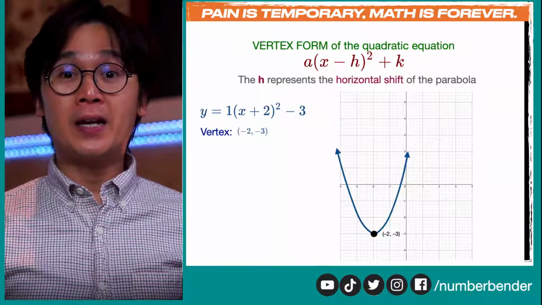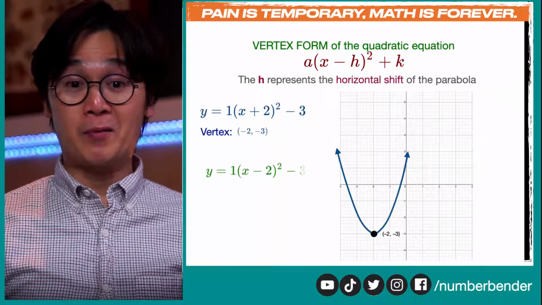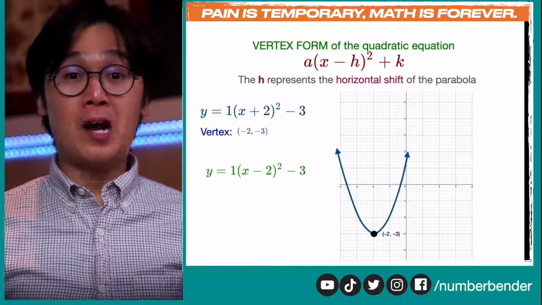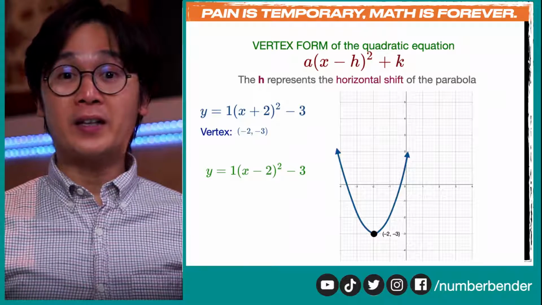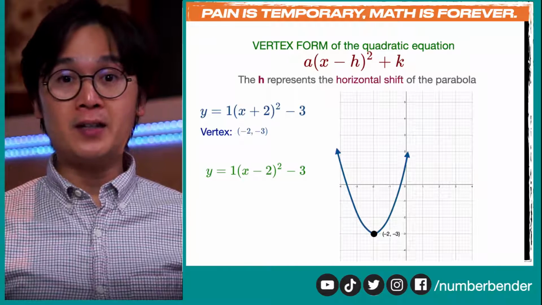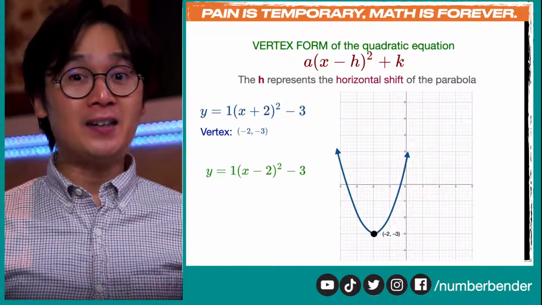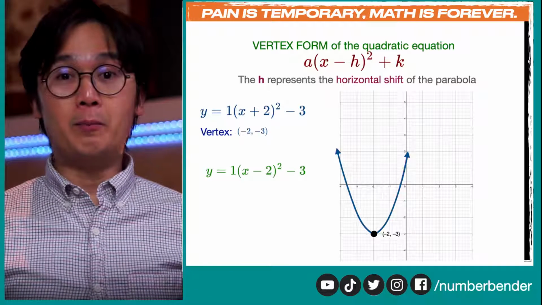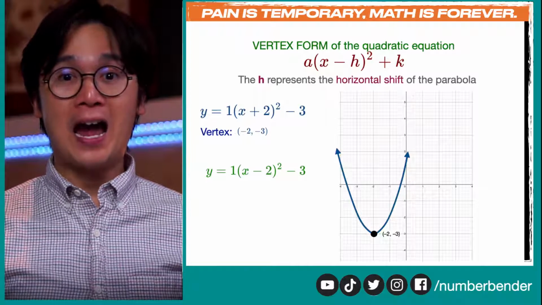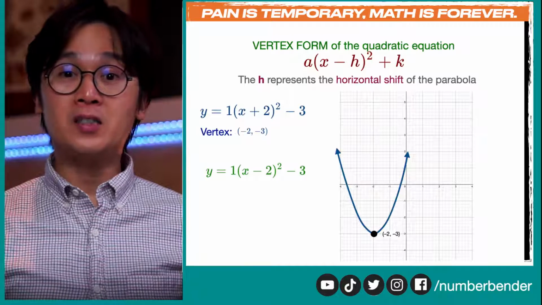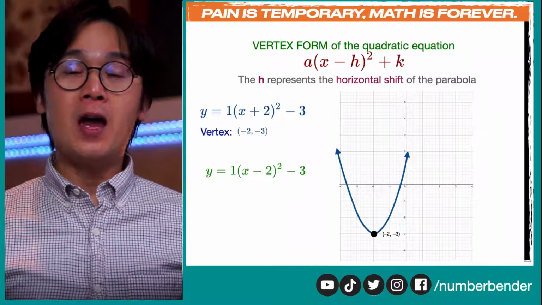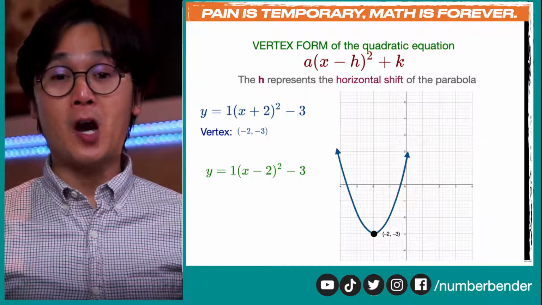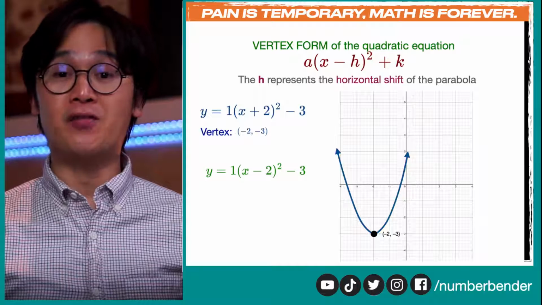Now, from this main blue parabola, let's have the green parabola at y equals 1, quantity x minus 2 squared minus 3. Notice that a is still at 1, k is still at negative 3, but h is now at positive 2. So from negative 2, now it's positive 2, and we know that our vertex now is going to be positive 2 and negative 3, because the opposite of h and k is the vertex of our parabola.